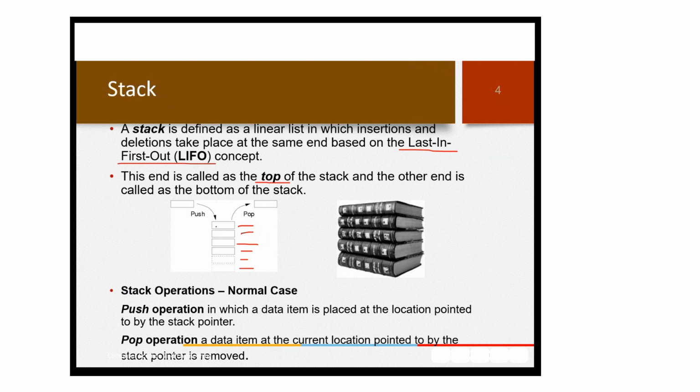And you can also remove an element from the stack, which we call the pop. So these are the two fundamental operations of stack. One is push, where a new object is put into the stack, and pop is nothing but the existing object in the stack is removed from the stack. That means if it exists, because we also have some exceptions which need to be taken care of, something like overflow and underflow, which we'll see in the next few slides.